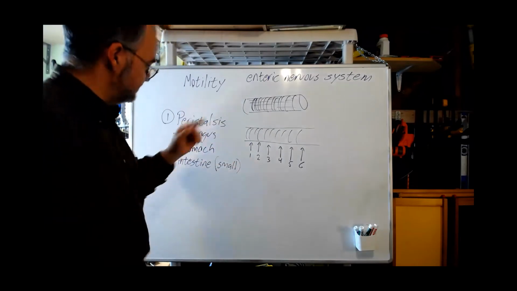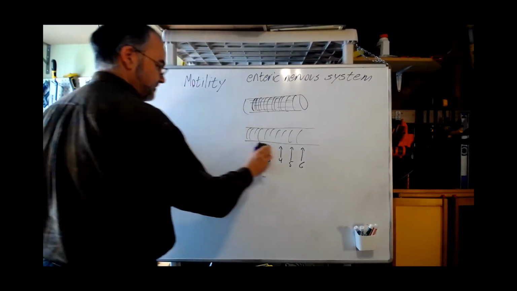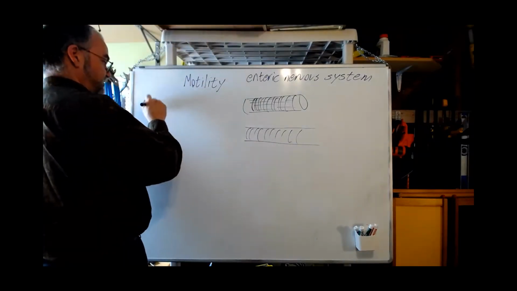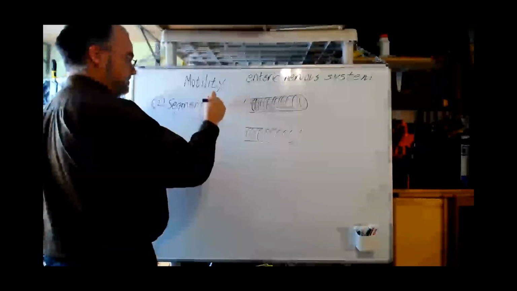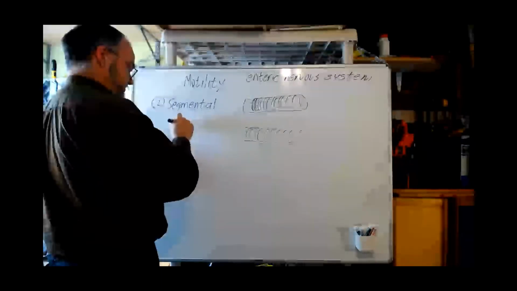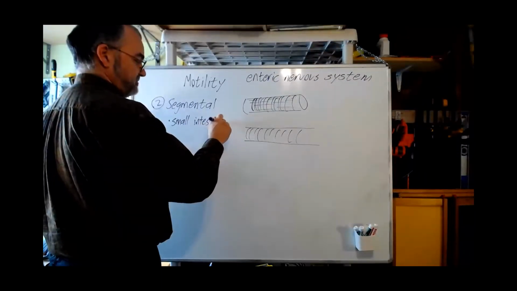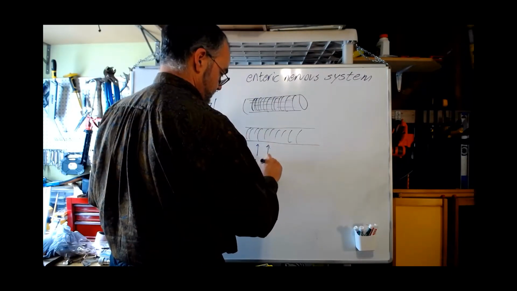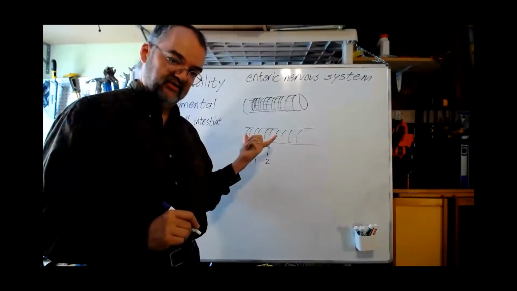So the second pattern that we're going to mention is segmental contractions. This is mostly seen in the small intestine. In a segmental contraction, that's going to involve one particular area on the small intestine.